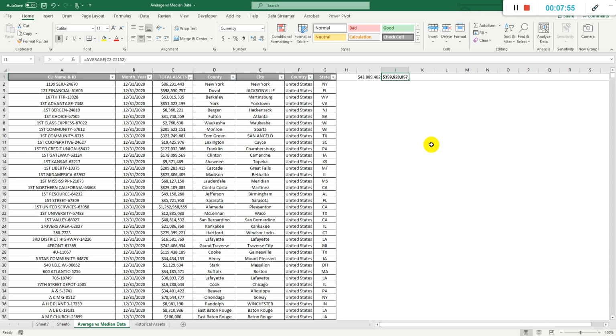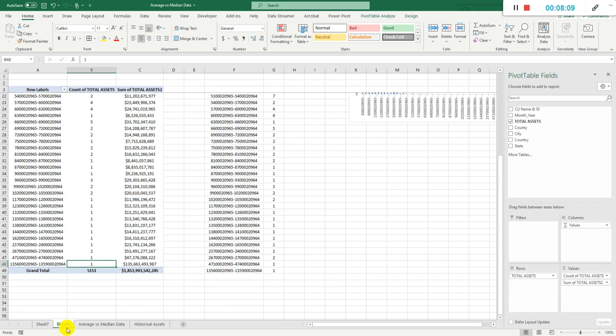The reason the average is too high is because you have outliers. You have very few credit unions that have a lot of assets. For example, if you look here, let's go all the way here. See, 14 credit unions here.